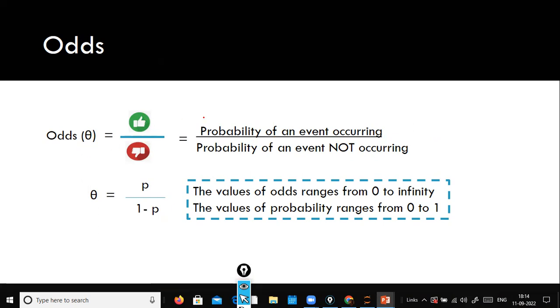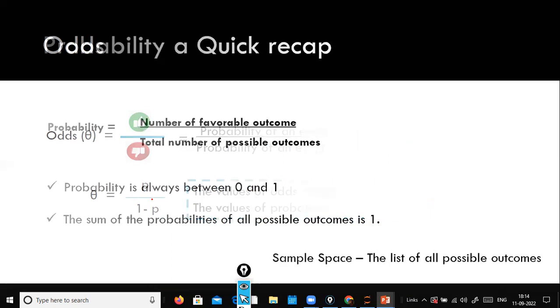If you subtract the probability of success from 1, you get the probability of failure.